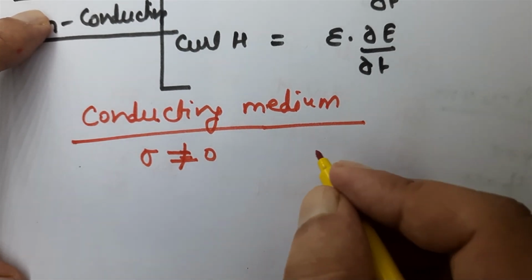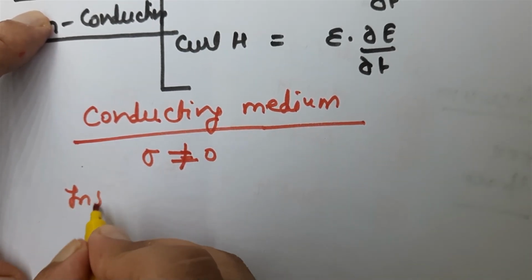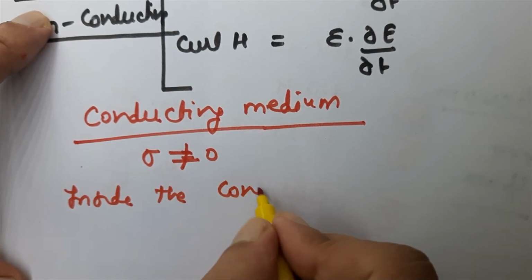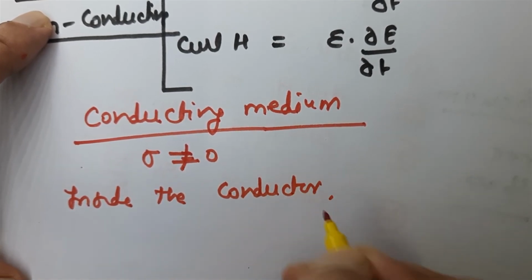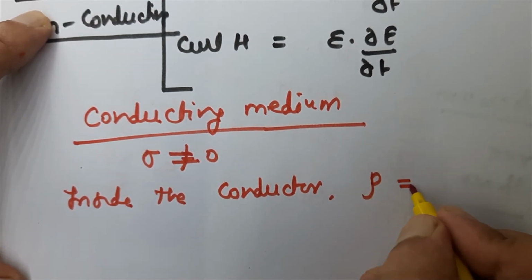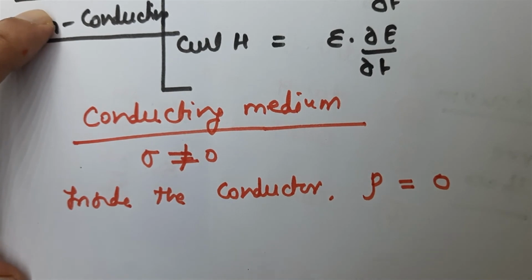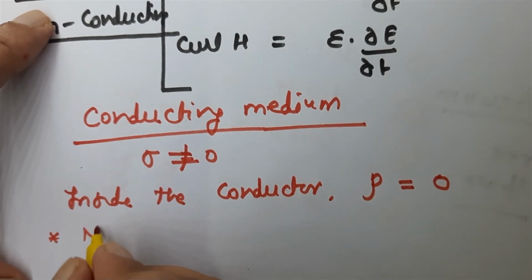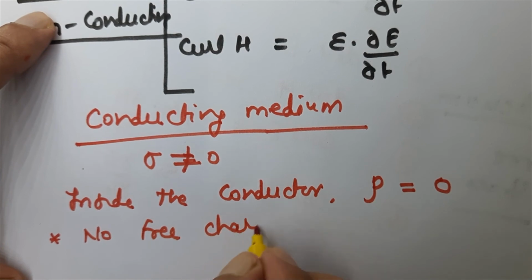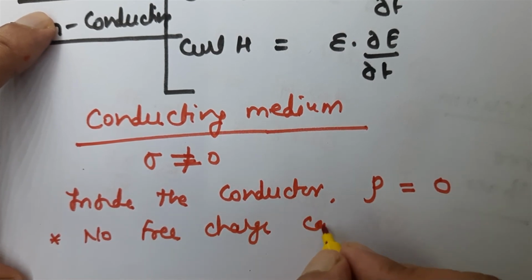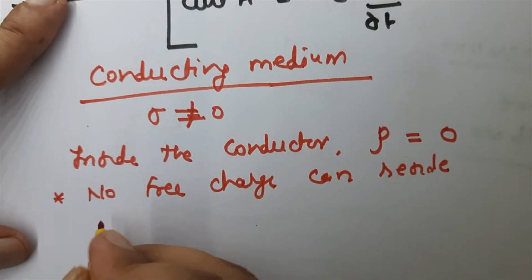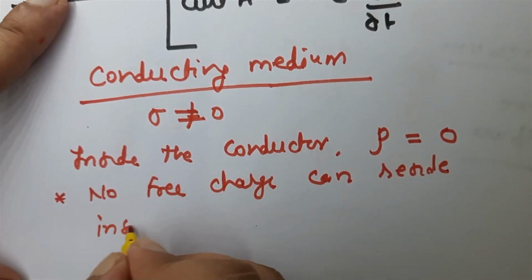Further, inside the conductor, still rho is equal to 0, as no free charge can reside inside the conductor. This is a theorem in electrostatics.